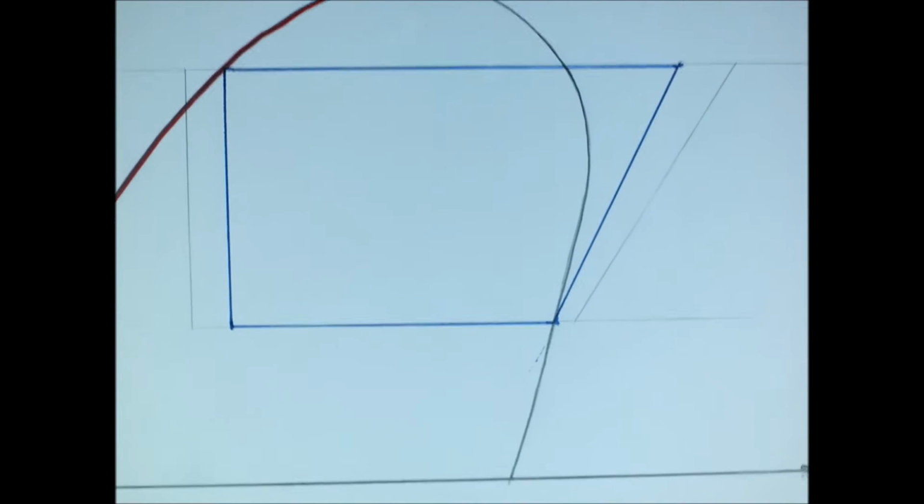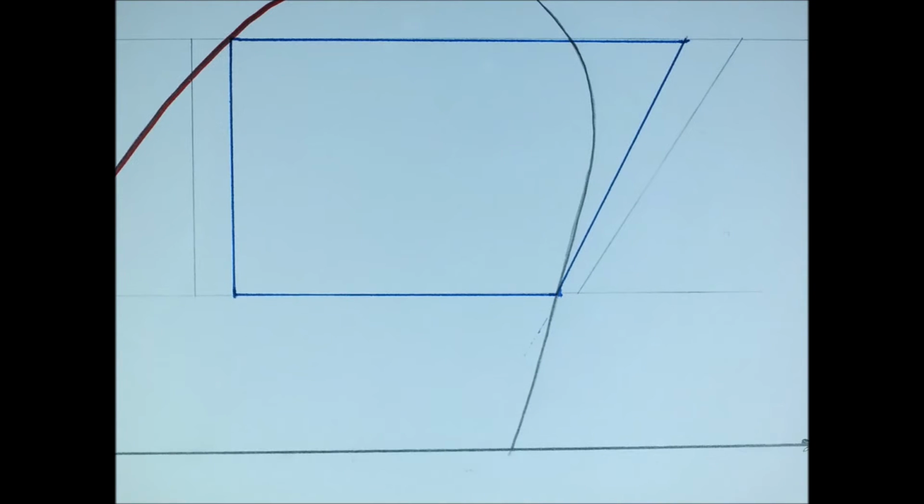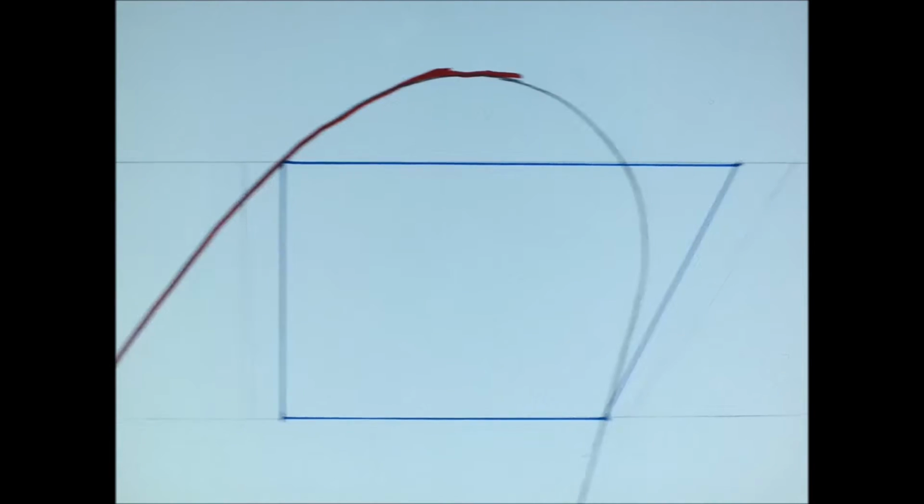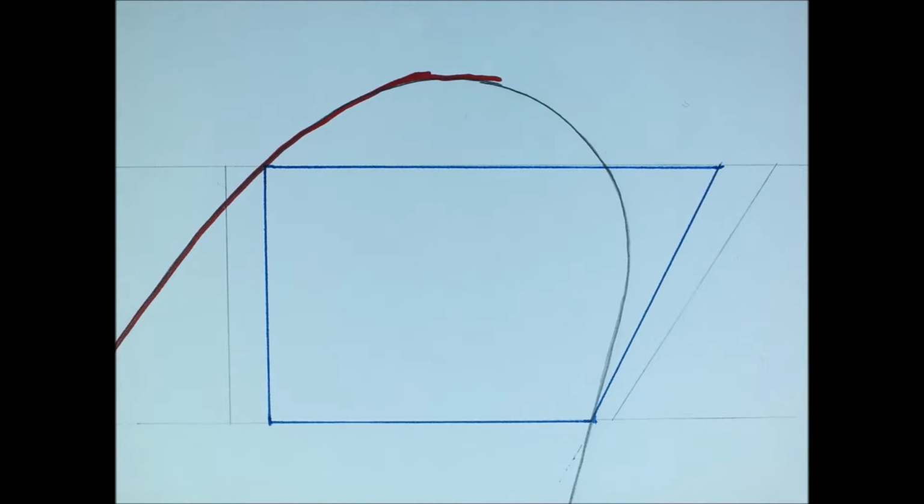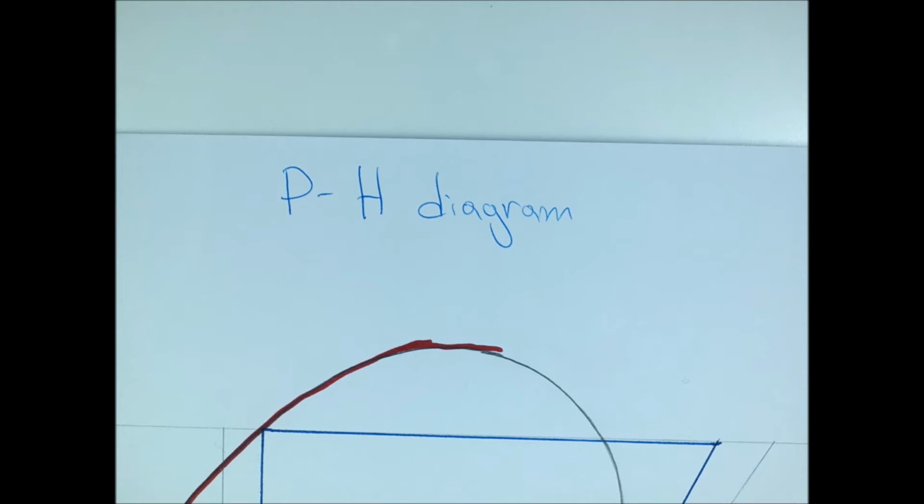So okay, let's actually start with what we have here. Let's zoom out a bit. We can't, apparently. Okay, so never mind. What we have here is called the pH diagram. Why is it called a pH diagram?